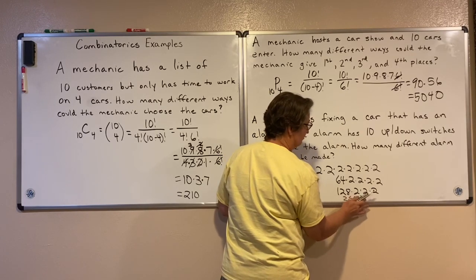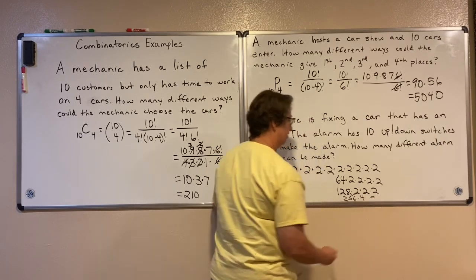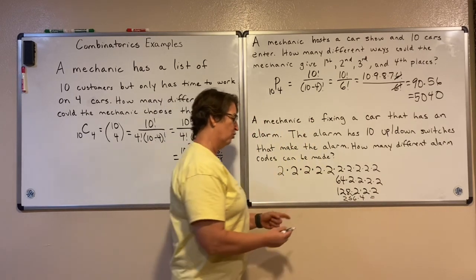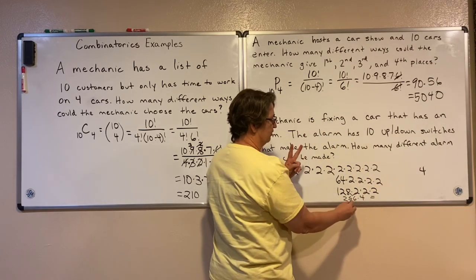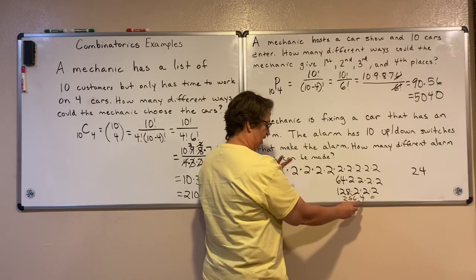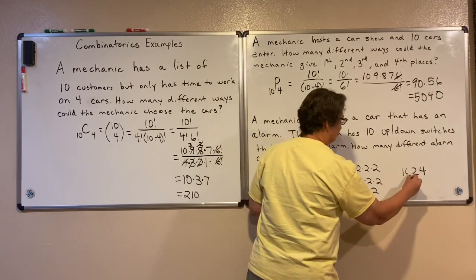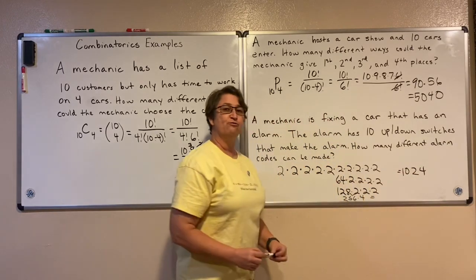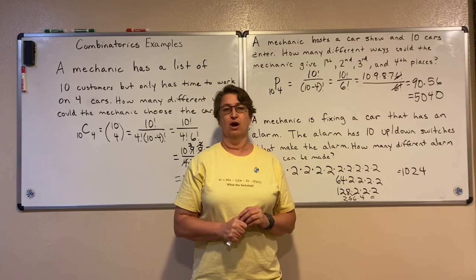Let's do this times 4, these guys, and let's make that last bit times 4. So 256 times 4, well 4 times 6 is 24, carry 2. 4 times 5 is 20, with the 2 carried is 22, carry 2. 4 times 2 is 8, 9, 10. So there are 1,024 different ways that we could set that car alarm.